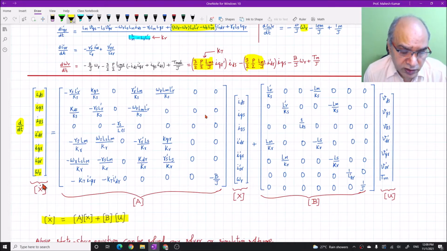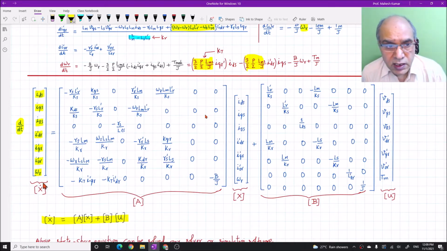This is x dot, and these are the x, that is the state variables: ids, iqs, i0s, idr dash, iqr dash, i0r dash and omega r. So these represent the x, and this is x dot.